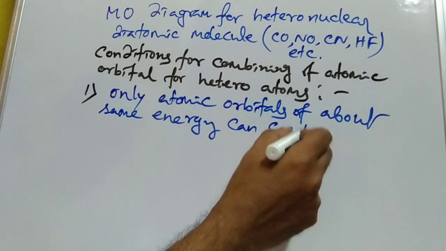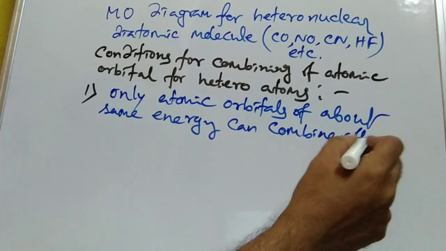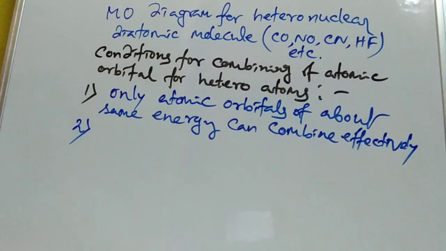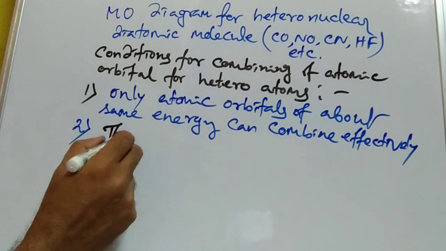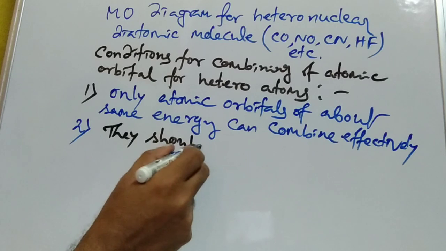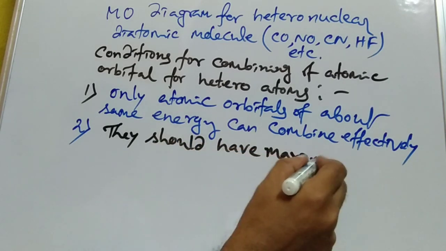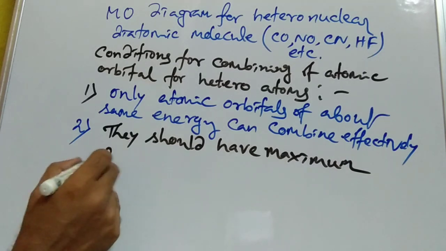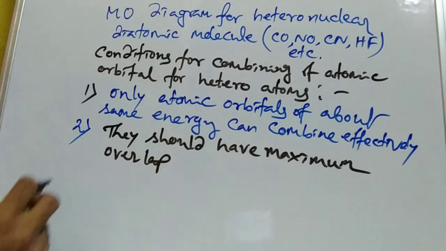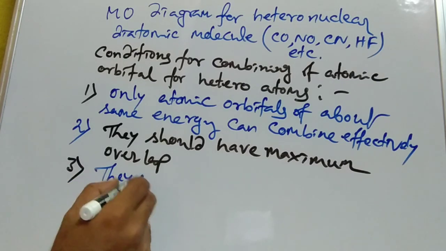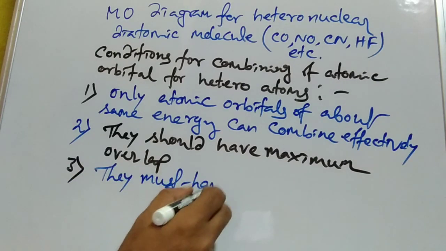We get the molecular orbital energy level diagram, and the electronic configuration of molecular orbitals of carbon monoxide is sigma 1s2, sigma star 1s2, sigma 2s2, sigma star 2s2, pi 2py2, pi 2pz2, sigma 2px2.